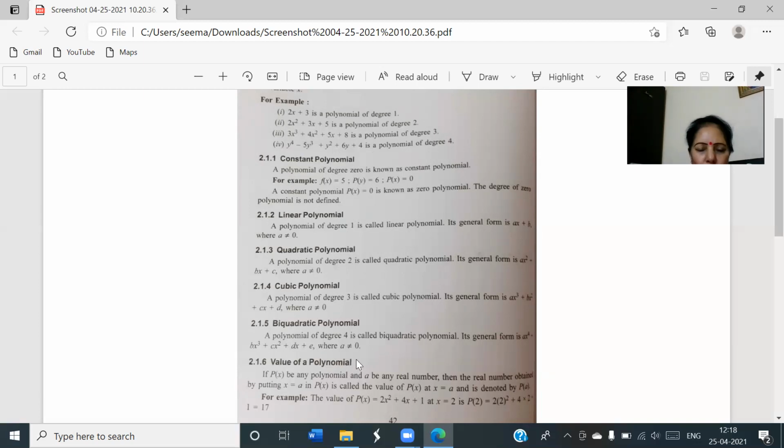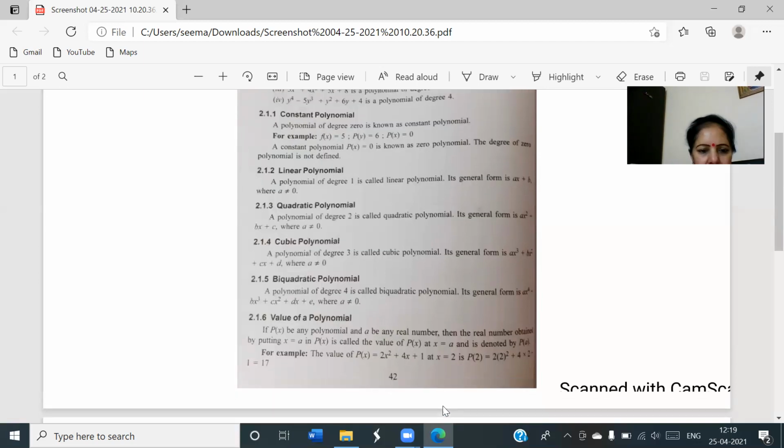Next is value of a polynomial. If p(x) is any polynomial and a is any real number, then the real number obtained by putting x equal to a in p(x) is called the value of the polynomial p(x) at x equal to a, and is denoted by p(a). For example, find the value of p(x) at x equal to 2, where the polynomial is 2x square plus 4x plus 1.